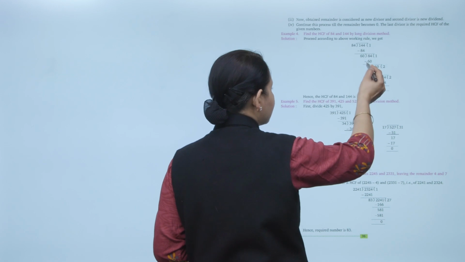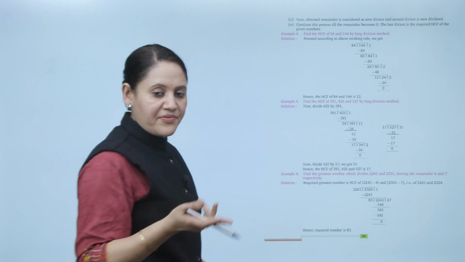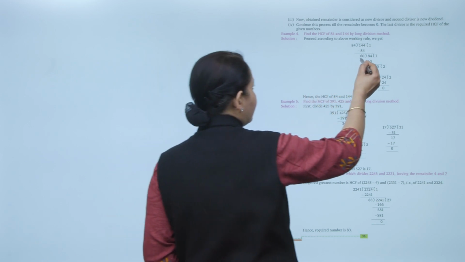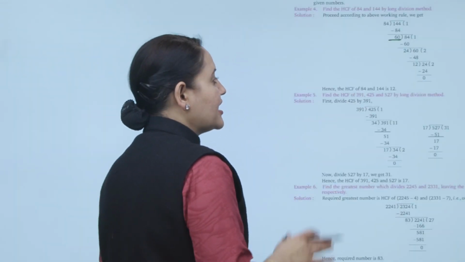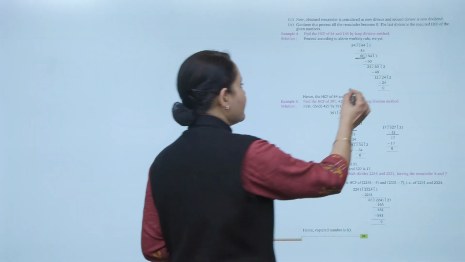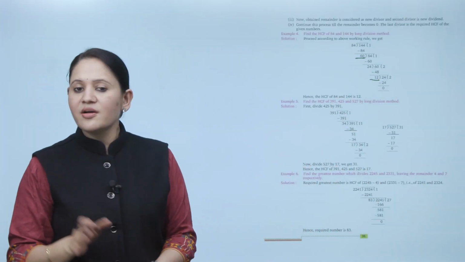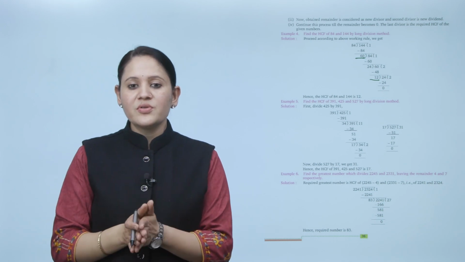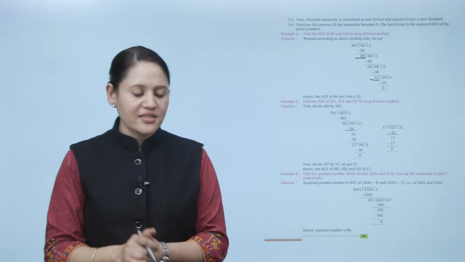One time again, subtract 60, we get 24. 24 will become the new divisor and the previous divisor will become the new dividend. Keep dividing until we get 0. So the last divisor is 12. So that is the HCF of the given numbers. Clear? So this way we can find the HCF of given numbers by the long division method.